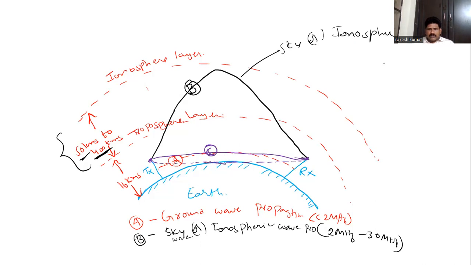I am calling it C1. So C and C1 indicate space wave or tropospheric propagation. The first one, C, we also call line of sight, LOS, and this is also called space wave or tropospheric wave propagation.